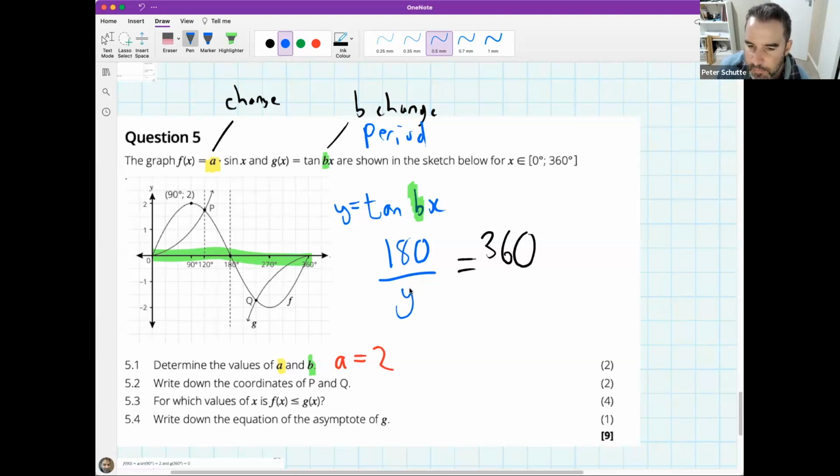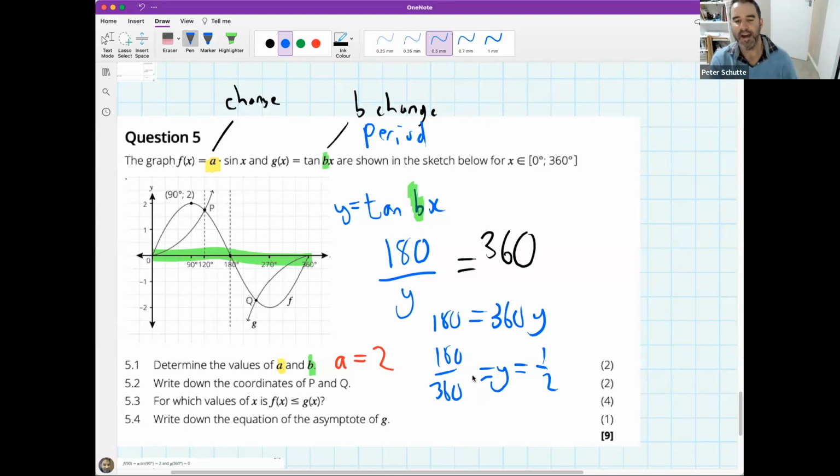And the only number that when you divide by it doubles it is going to be, and this is a bit tricky, if I go 180 over y is 360, and I bring the 360 to this side, that number is going to be a half. So go back and have a look at the previous lesson if you're feeling confused.